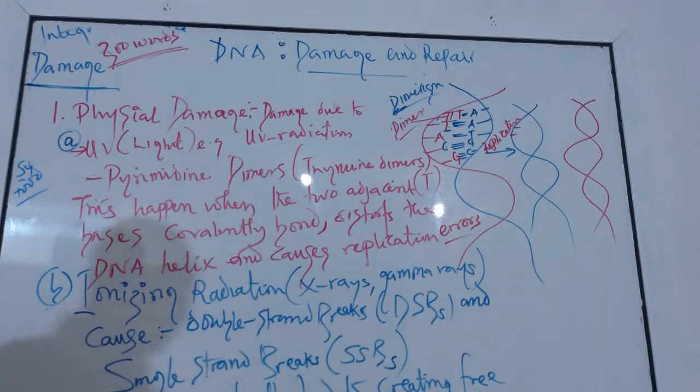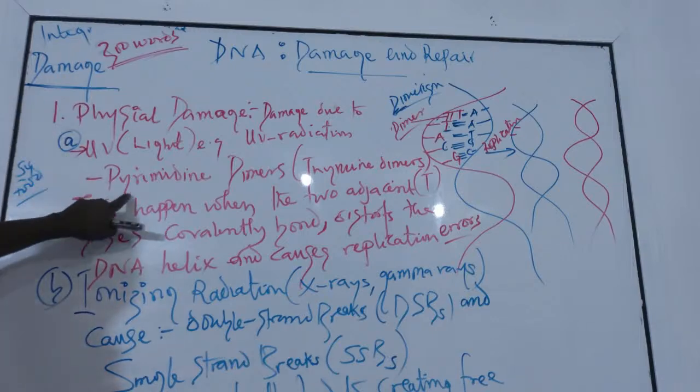If you have bad DNA, you are going to have bad protein. You are going to have bad enzymes at the end of the day. So that is what we can say about how our DNA is so prone to errors caused by physical damage. An example of that is UV light, such as ultraviolet radiation from sunlight.